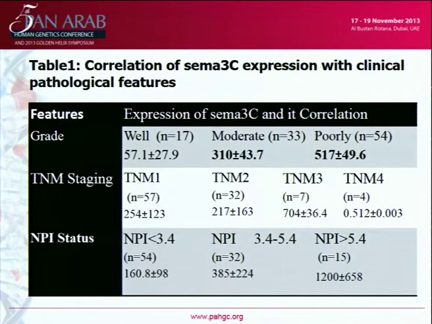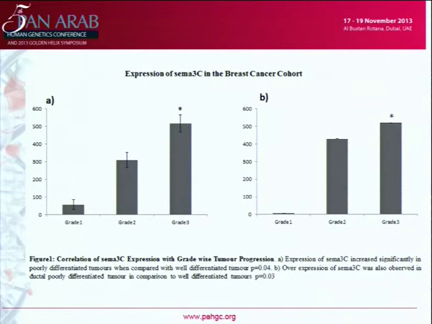The graphical view is another way of presenting my findings, showing that semaphorin 3C expression was increased in poorly differentiated or grade 3 tumor samples. On the A side, I am showing the whole cohort, while on the B side, I am presenting the ductal carcinoma findings.